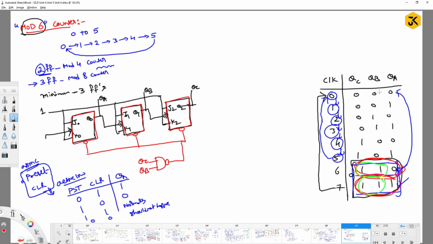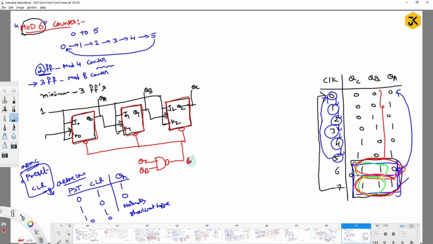Guys, if you take out any of these cases, this extra circuit is going to fail. I hope you understood. So here, if you consider QC value and QB value, if I pass here 0 0, it is going to produce 1 at the output of this side.